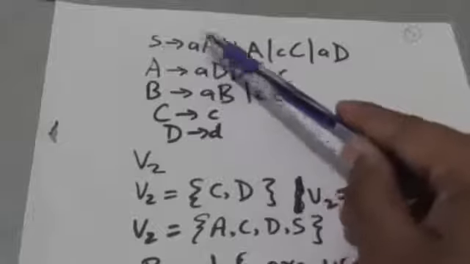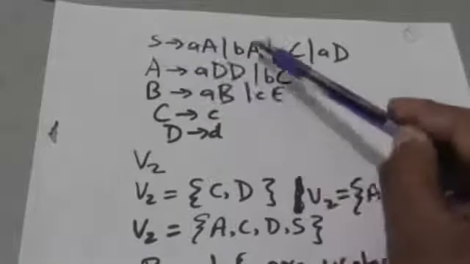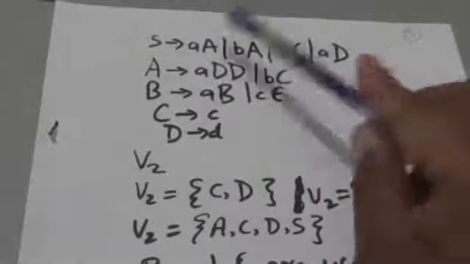Now again see the productions S derives AA, S derives BA, S derives CC, S derives AD. S derives the string of terminals and those variables which are present in set V2. So add S to set V2. Right.